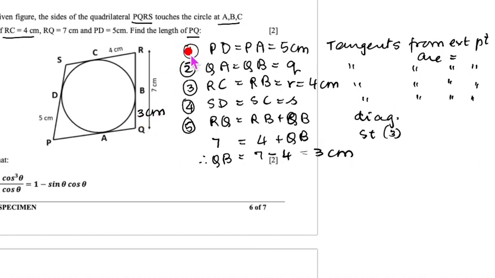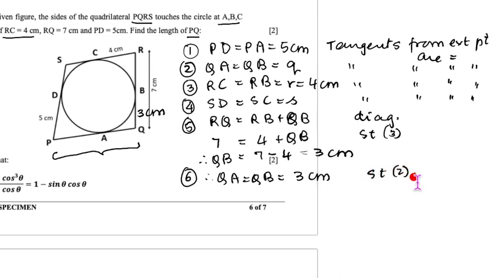What are they asking us? They are asking us to find PQ. So from here to here we have to find. So in the sixth statement we will say that QA equal to QB equal to 3 centimeter, and this will be from statements 2 and 5.